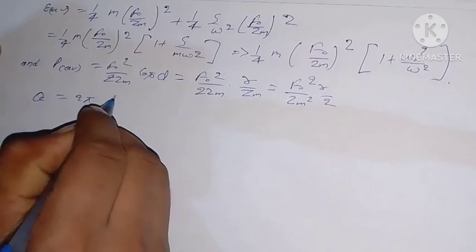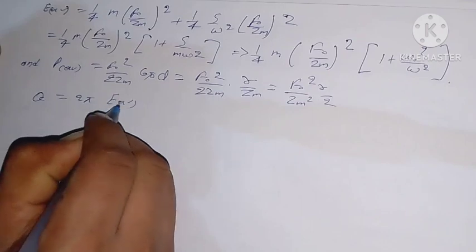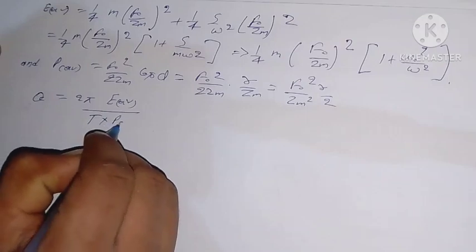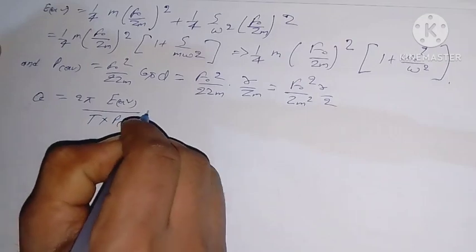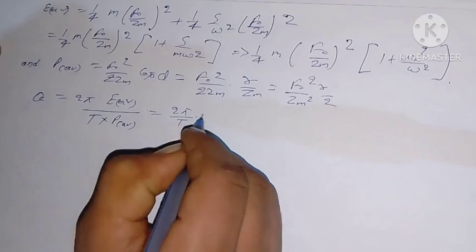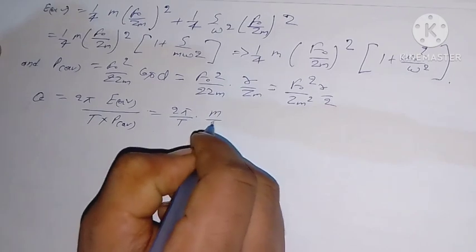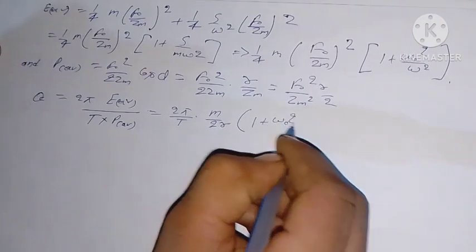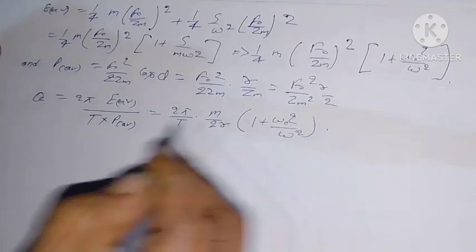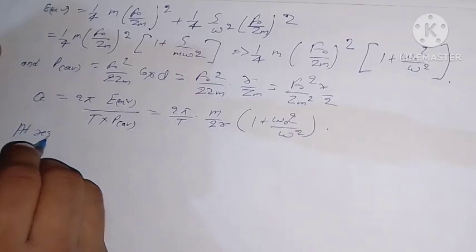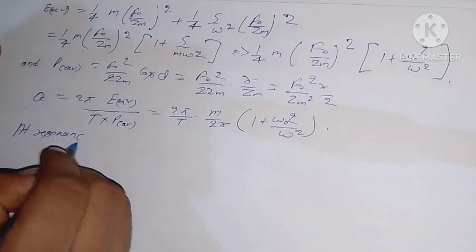Then quality factor equals 2 pi E average upon T multiply average power, equal to 2 pi by T into m by 2R into (1 plus omega naught square by omega square).